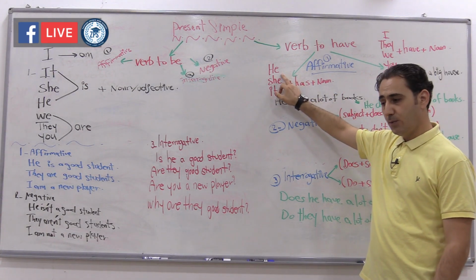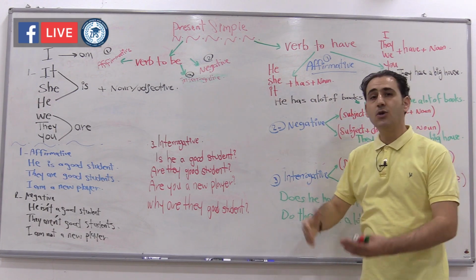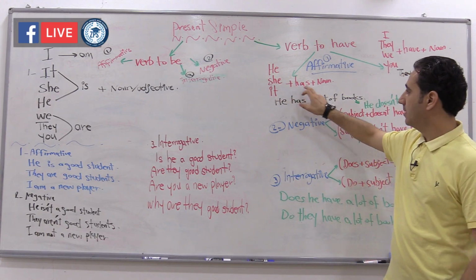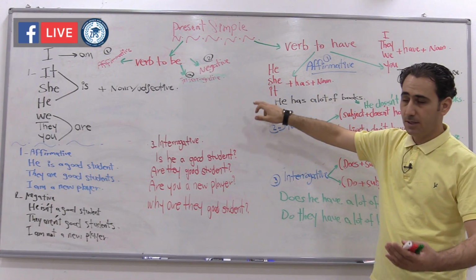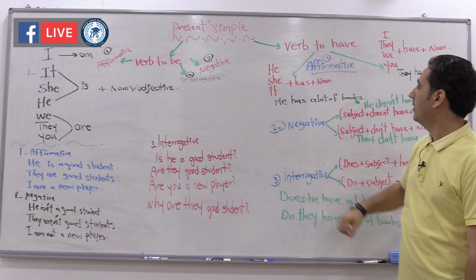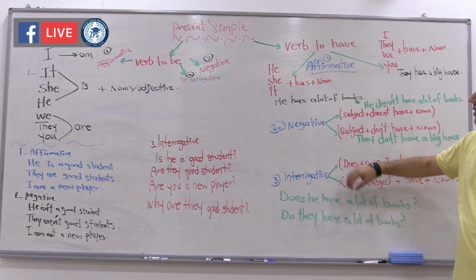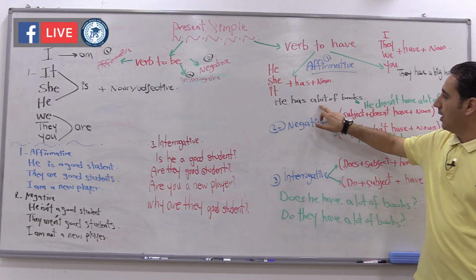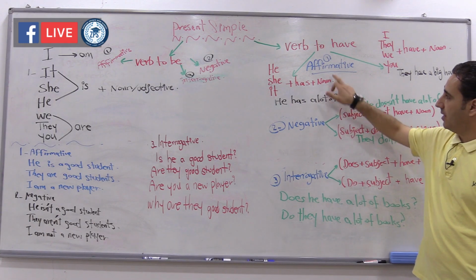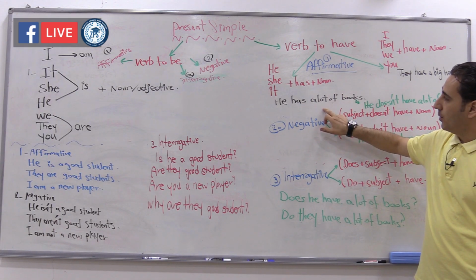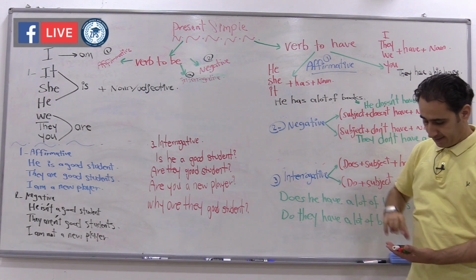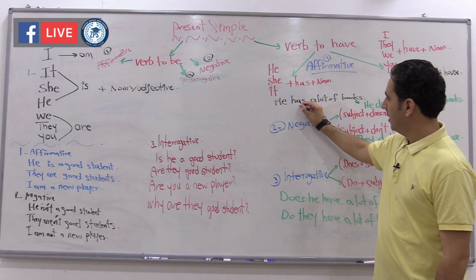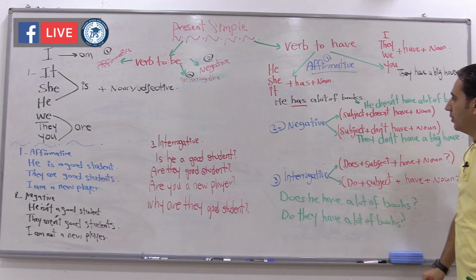Instead of using he, we can use the new manager has many good teachers. And instead of using she, we can say Sarah. Yes. Look at the example. He has a lot of books. This is the affirmative form by using verb to have, which is has. He has a lot of books.